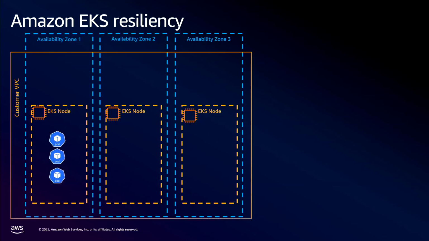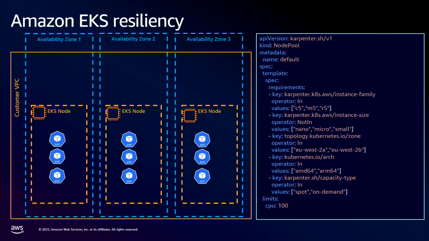If you're familiar with the expression of putting all the eggs in one basket, well, you don't want to do this. What you want to do, once you have your pod running, is spread it around for high availability and resiliency. And I will show you how this is made very easy with Karpenter and with the node pool example that you see on the screen.